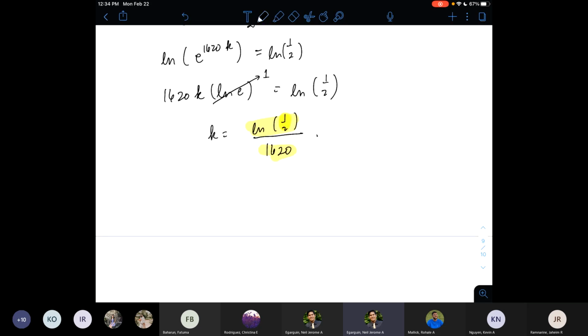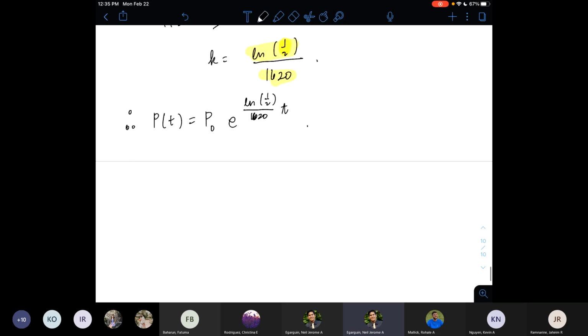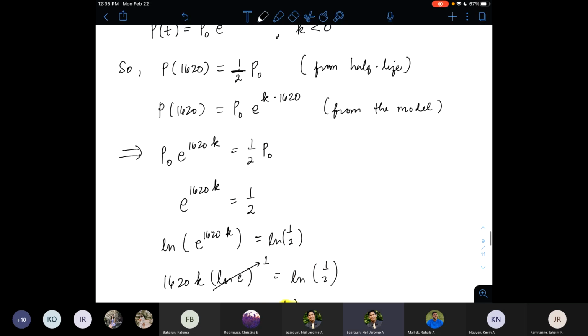Okay. So therefore, the model is this now: initial value, e to the ln of 1/2 over 1620 times the time value. So this would be our model for the decay of radium-226. Okay? And I guess now we can answer part A. Part A tells us what?